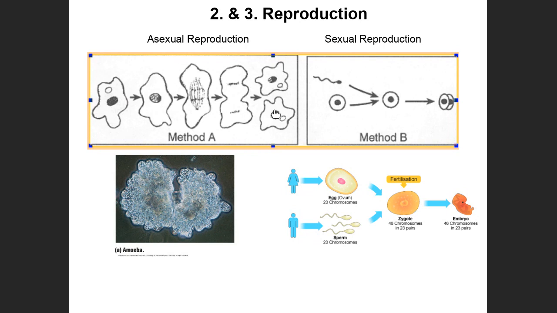What's not shown here, because I forgot to edit the PowerPoint, is that there are multicellular organisms that are capable of asexual reproduction. We will focus on plants in chapter 9. In chapter 9 we will talk about pea plants. Pea plants are flowering plants, and what a lot of people don't know is that a flower is not there for show or to decide whether or not it looks pretty.